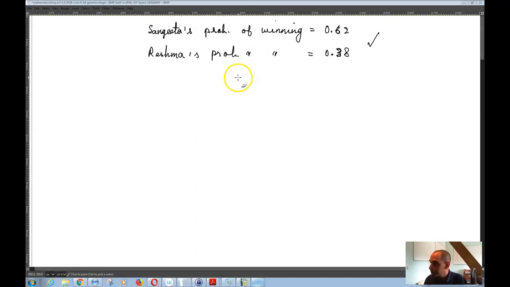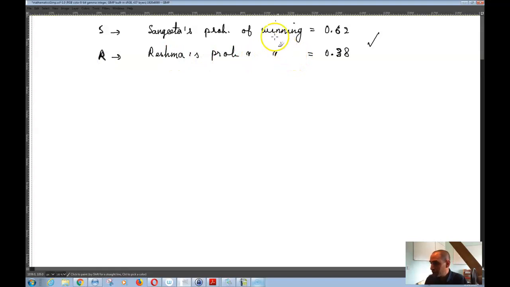It says let S and R denote the events that Sangeeta wins the match and Reshma wins the match. So S and R, right? R denotes the event that Reshma wins the match.